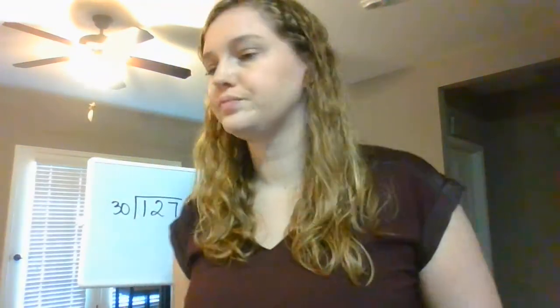So let's look at the example on page 695. It says divide 127 by 30. Okay. So we're not going to think about it as 127 divided by 30. We're going to think of it as 12 divided by 3. So 12 divided by 3 is 4.